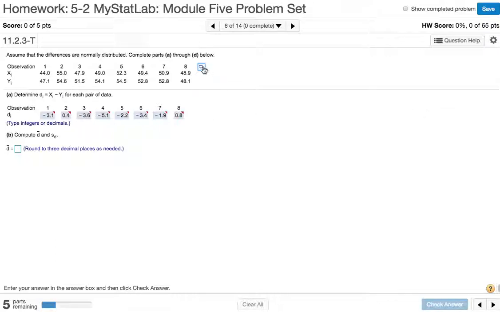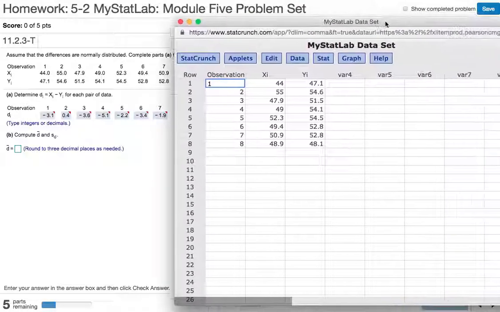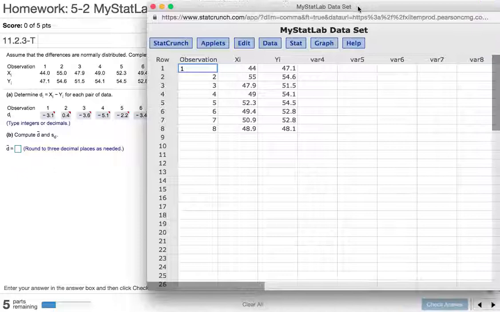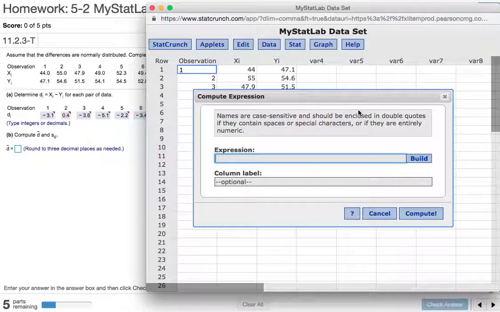But what I like to do is go into StatCrunch, and I'm fine with you doing that part by hand. That's not such a big deal, but I'm going to do it in here. So I go into data and then compute and then expression. And then I'm going to say x1 minus y1.